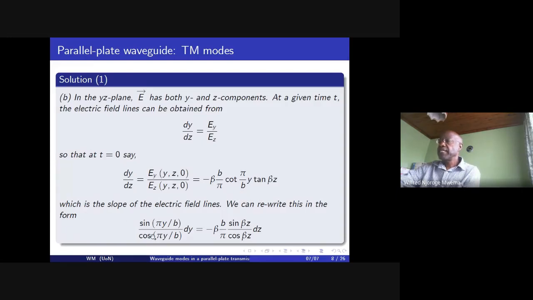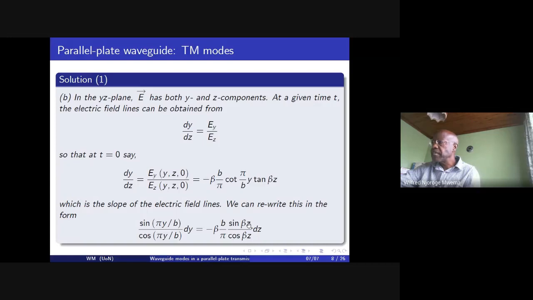And therefore, we can write it in the form sine pi y by b over cos pi y by b multiplied by dy, plus, that is, you take this tangent to the other side and multiply the other side with dz, and therefore we have separated the variables, those functions varying only with respect to y, and those varying only with z.